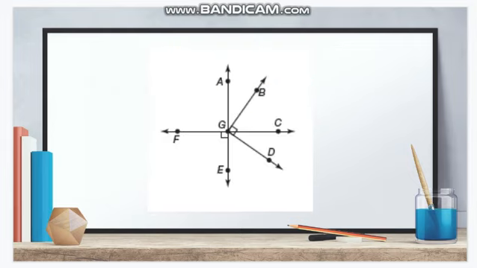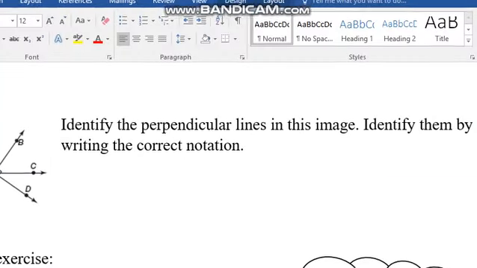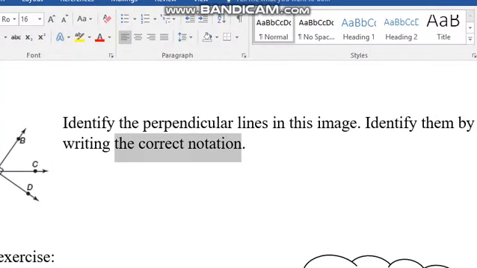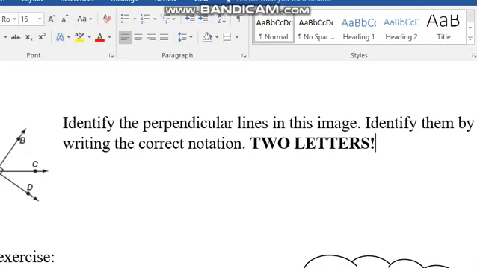All right, so we want to look at this one. We want to identify the perpendicular lines. Now we're naming lines, so the correct notation here is going to be two letters. We name lines with two points. So there should be two letters in your line names.